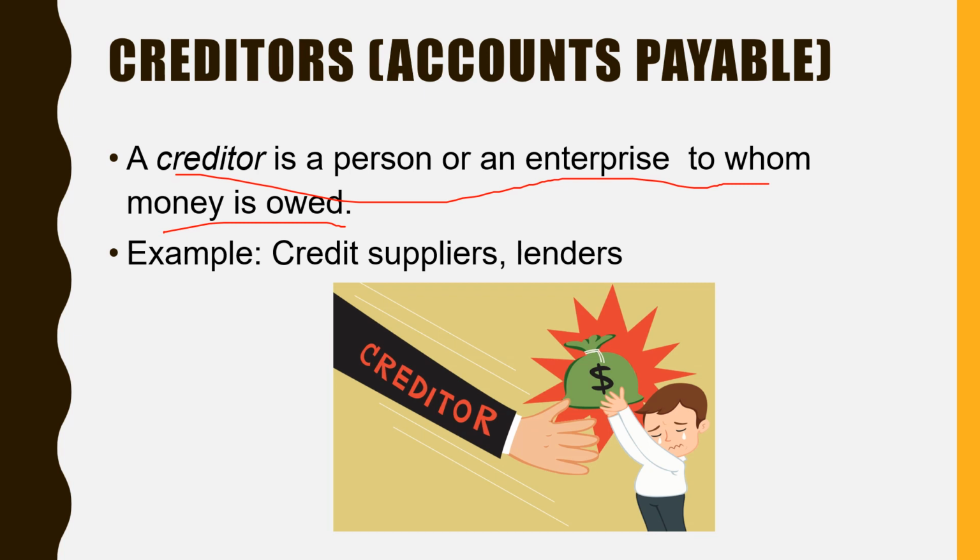The shop or the supplier is known as a creditor because you owe money to that particular shop. So credit suppliers are creditors. A creditor means someone to whom a business owes money. For example, we took a loan from a bank and the bank is our creditor. The bank is our lender, so lenders are creditors. So creditors means those people to whom the business owes money.